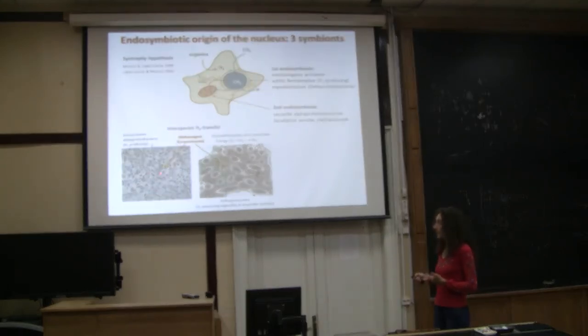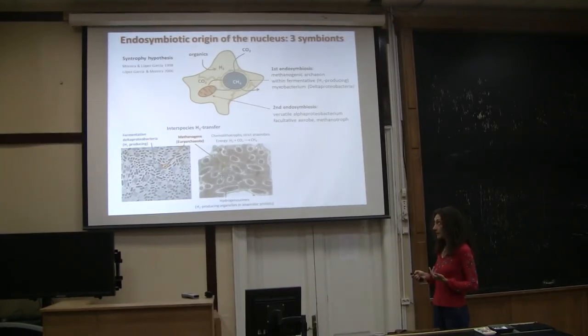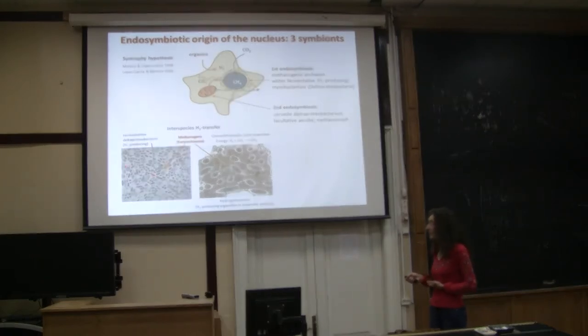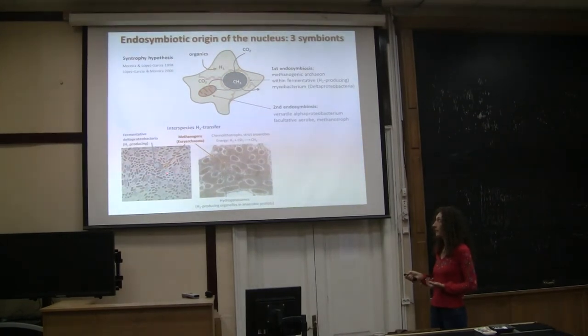And you have many examples of this, particularly between Archaea methanogens and fermentative delta proteobacteria, such as the neighbors of myxobacteria that produce hydrogen by fermentation, and these methanogenic archaea take up.